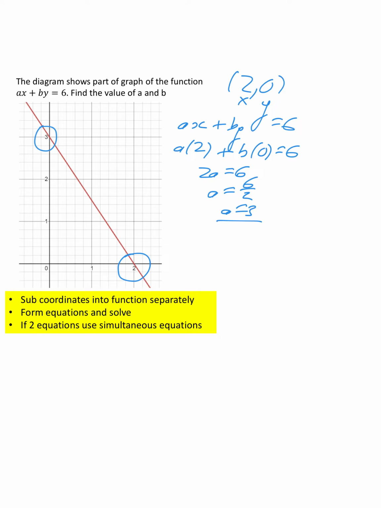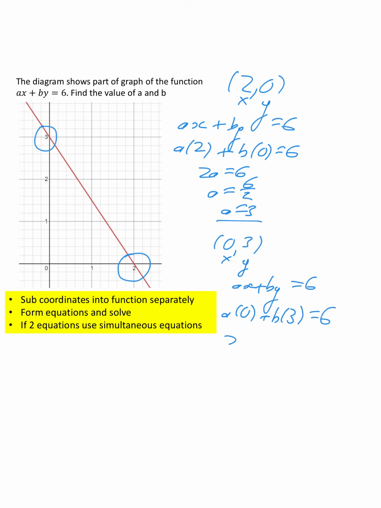Now let's do the same with (0, 3). So x is 0, y is 3. Putting them into ax plus by equals 6. So a times 0, because x is 0, plus b times 3 equals 6. A times 0 is 0.